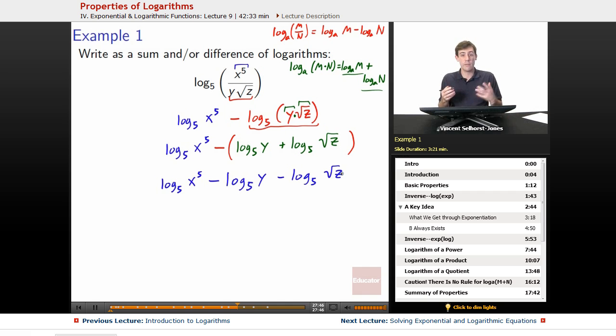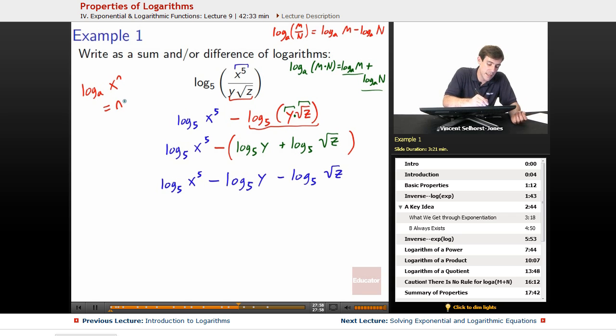Now, that is technically enough because we've got a sum and or difference of logarithms, but we can also take it one step further and we can get rid of these exponents. We can get rid of the 5th power, we can get rid of root z, because we also have the rule that log base a for any base of x to the n is equal to n times log base a of x. So in this case, we've got the 5th, and how can we rewrite root z? Well, remember, root z, any square root, is just like raising to the half.